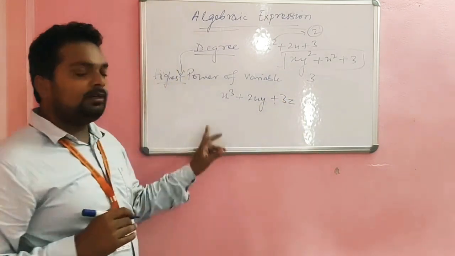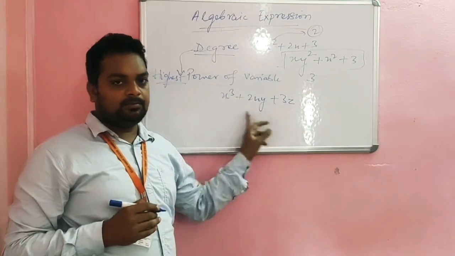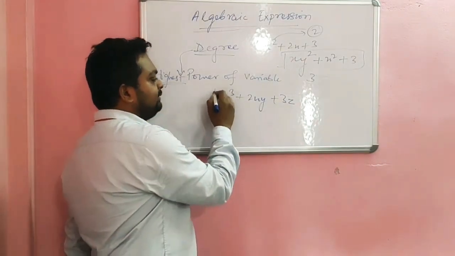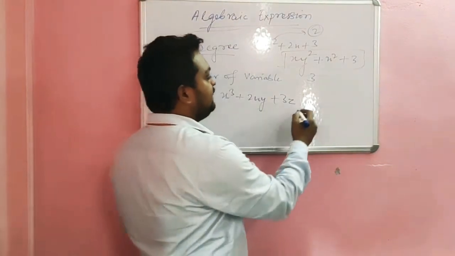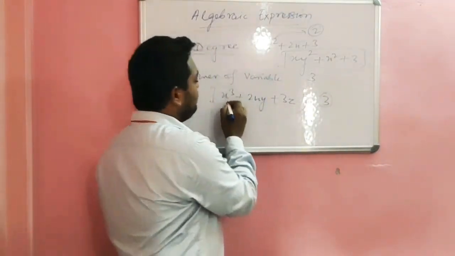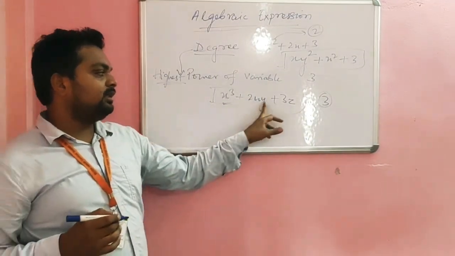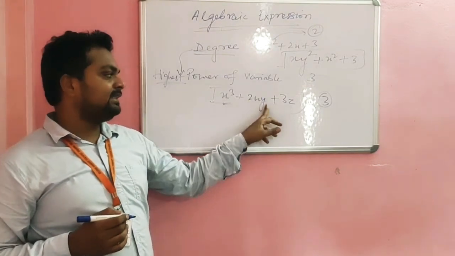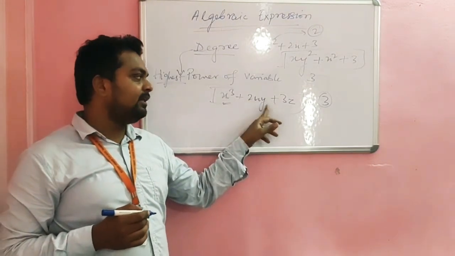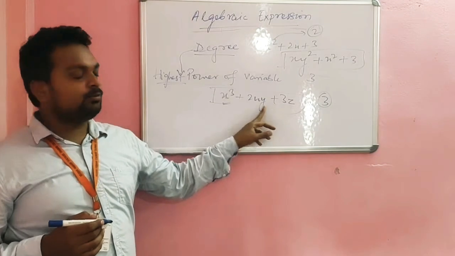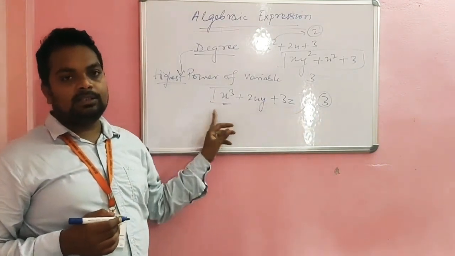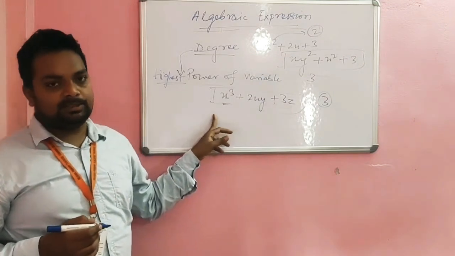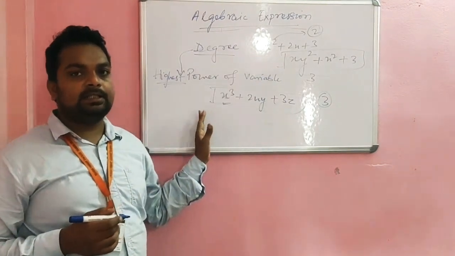What is the degree of this algebraic expression? The degree is 3, because here x has a power of 3, and here x and y both are present, but with powers 1 and 1, so 1 plus 1 is only 2. So the highest power, that is 3, will be the degree of this expression. Now I think degree is clear to you.